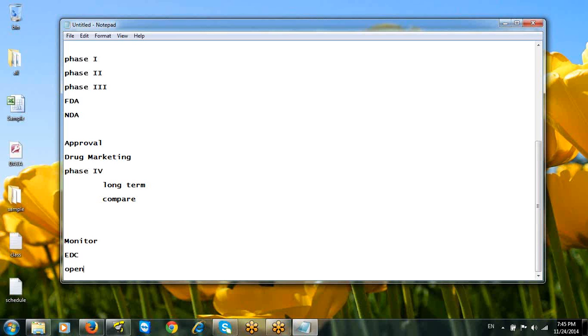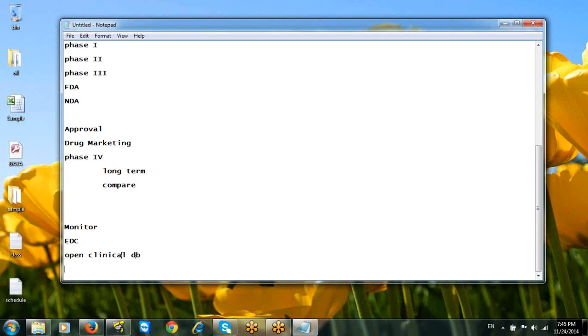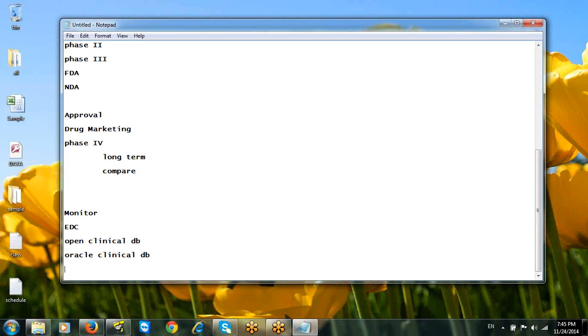Earlier, everyone used to maintain their data in Open Clinical database, but nowadays everyone is using Oracle Clinical database. So the collection of data and maintaining the data will be done by the CDM team, clinical data management.